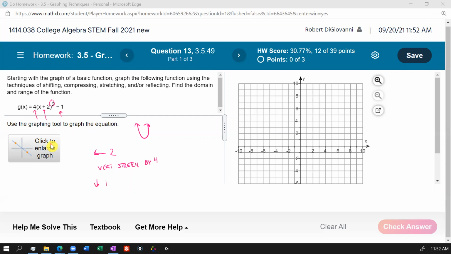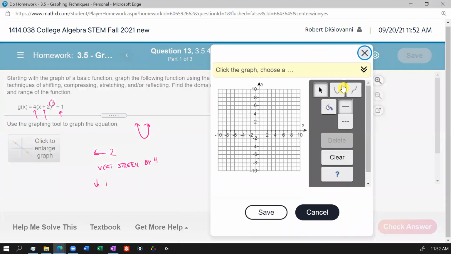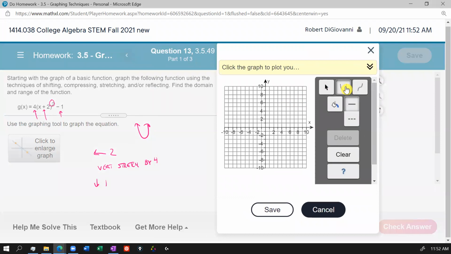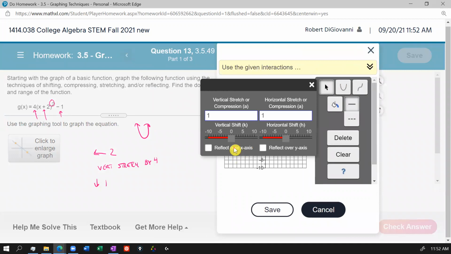Okay, so I need to somehow do this. So I'm going to take a parabola. Whoa, okay, so here we go. Oh, they make this easy. We want a vertical shift, so vertical, we're going to add 2.